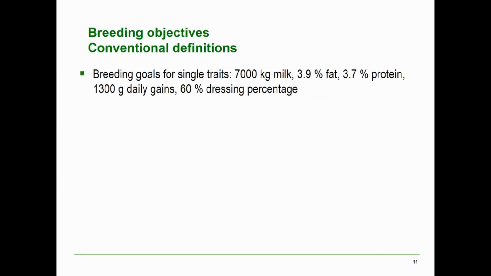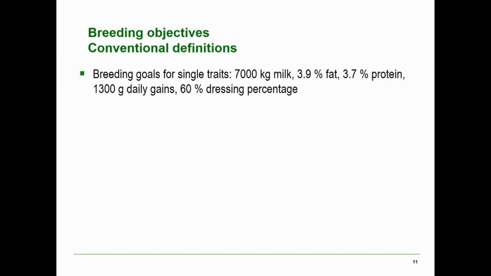In the following slides, there are a few versions of breeding objectives I want to show you. The first one is the conventional definitions that you might have heard about. These are for single traits. For example, we want a population of cattle to have 7,000 kilos of milk with a certain percentage of fat and protein, or we want some kind of daily gain or some other thresholds.